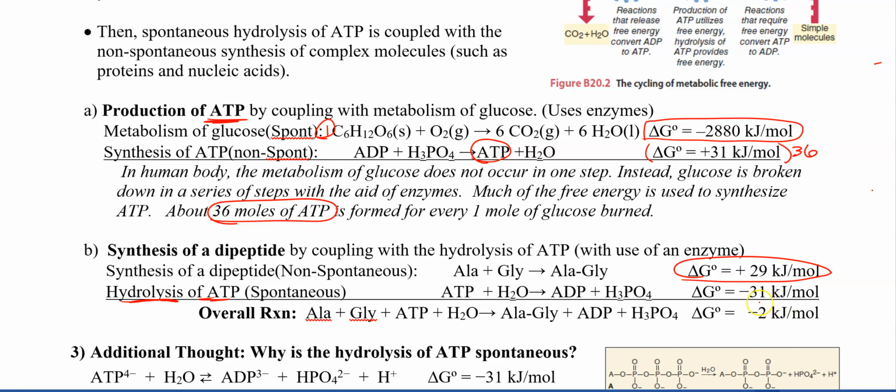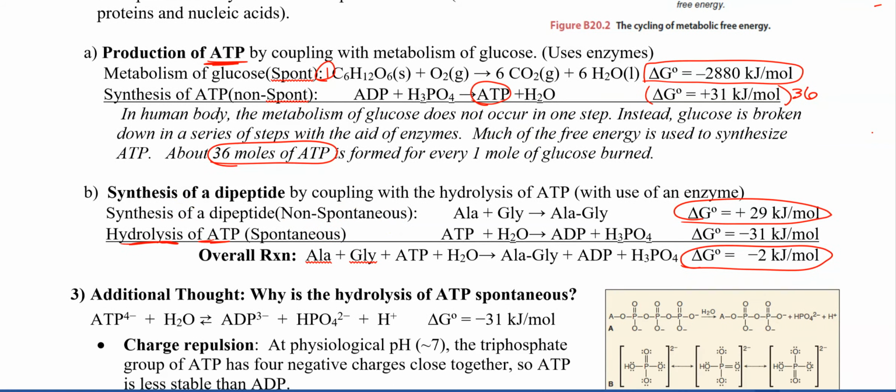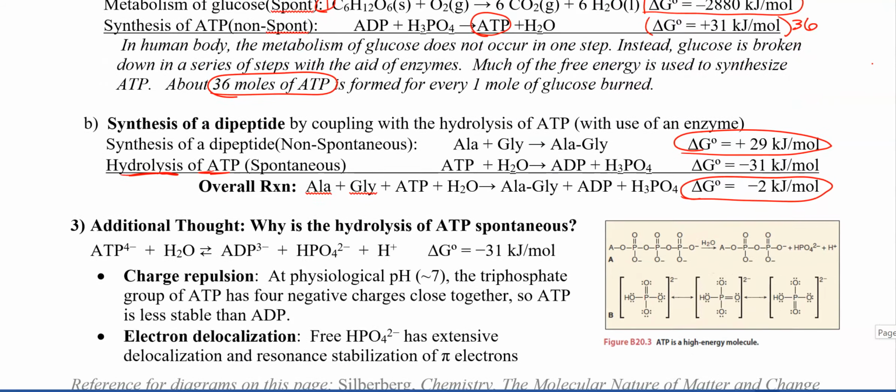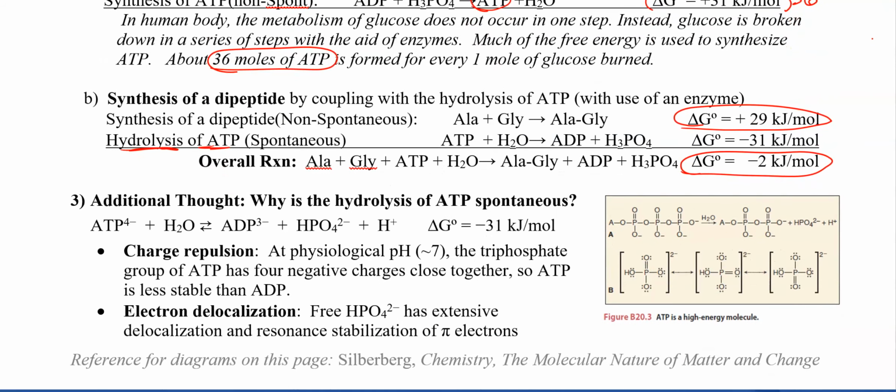And that turns out to be a spontaneous reaction there. And so if you do both of these reactions, one of each of them, you get a net spontaneous reaction. So that's how, again, you're coupling the non-spontaneous with the spontaneous reaction. That's why it's so important to burn your glucose to make your ATP, because then you can make your protein by reacting that ATP. So that's your coupling of reactions.